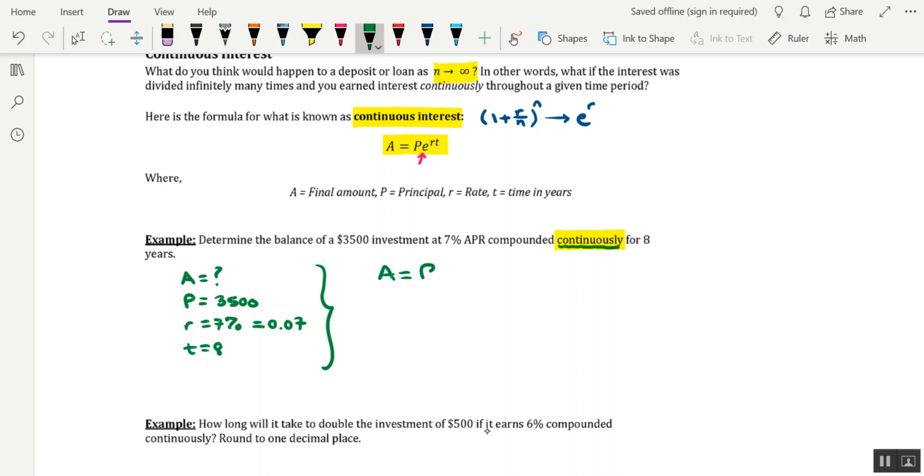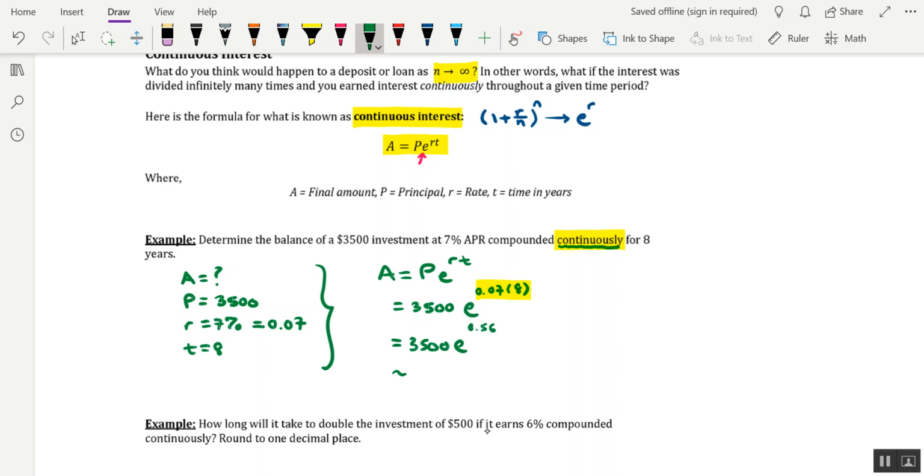And so we'll go ahead and plug all this into the formula. A equals P e to the rt, and so that's 3,500 times e to the 0.07 times 8. Now what I would do next is maybe go ahead and multiply those two values out. So you get 3,500 e to the power of 0.56.